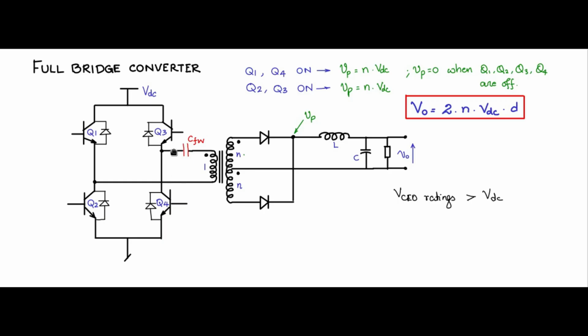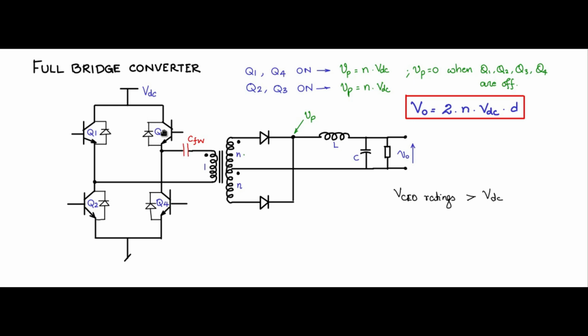Because when Q1 and Q4 are on, the voltage across the primary will be VDC minus VC sat of Q1, VC sat of Q4. And when Q2 and Q3 are on, it is VDC minus VC sat of Q2, VC sat of Q3.